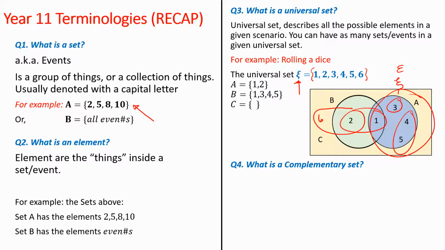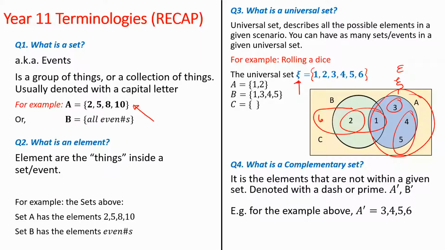The way I like to think about it is it's every element that is not in the set you're looking for. It's denoted with a dash, or a prime as we call it. So if I wrote a dash, then what it means is I want elements that are not A. That's what a complementary set is.